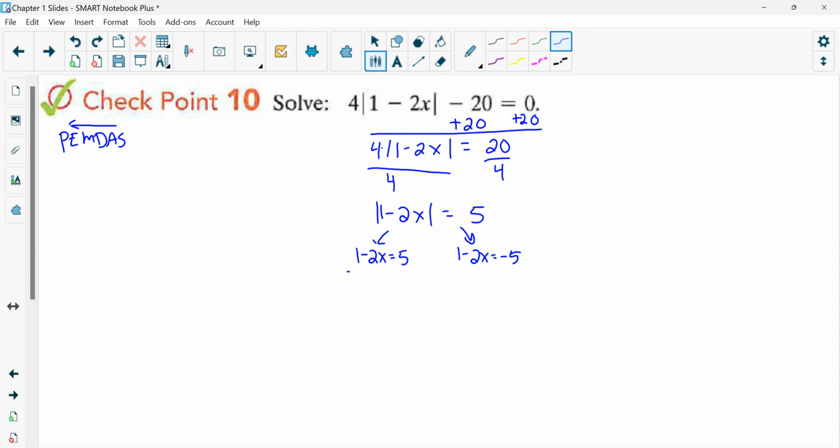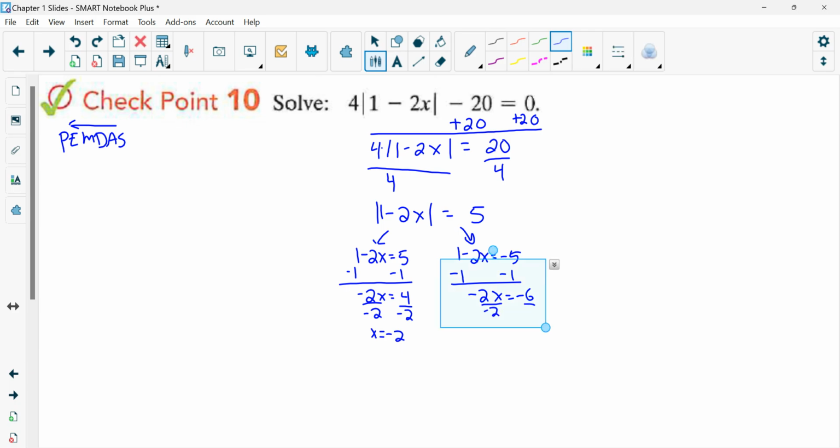Here we would subtract 1, and then when we divide by negative 2, we get x equals negative 2 as one answer. We subtract 1: negative 2x equals negative 6. And when we divide by negative 2, we get x equals 3. So negative 2, positive 3.